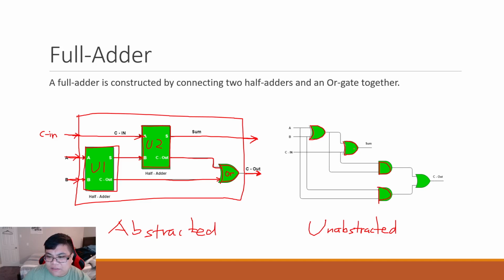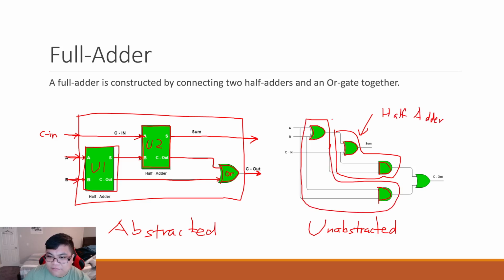So I think the way that this is working, this represents one half adder, and this here represents another half adder. Now this is unabstracted, so it kind of looks like this. And then lastly, we have an OR gate to put it all together.